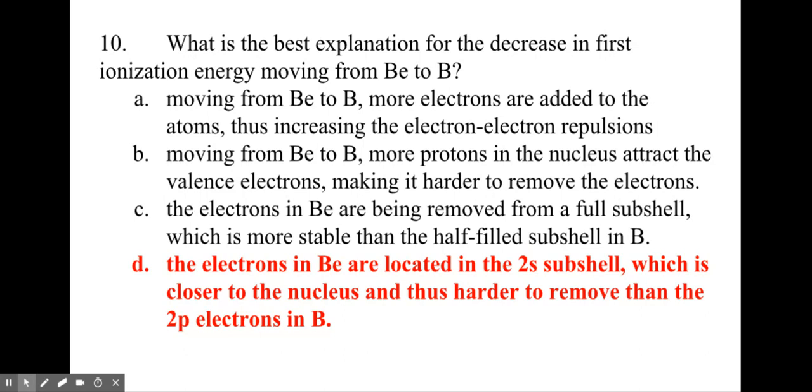But indeed, the electrons in beryllium are located in the 2s subshell, which is closer to the nucleus and thus harder to remove than the 2p electrons in boron. And so that is a distance-from-the-nucleus explanation, where we're not actually moving down a group, but those 2p electrons are a little further out because they're higher in energy, and they're easier to remove.